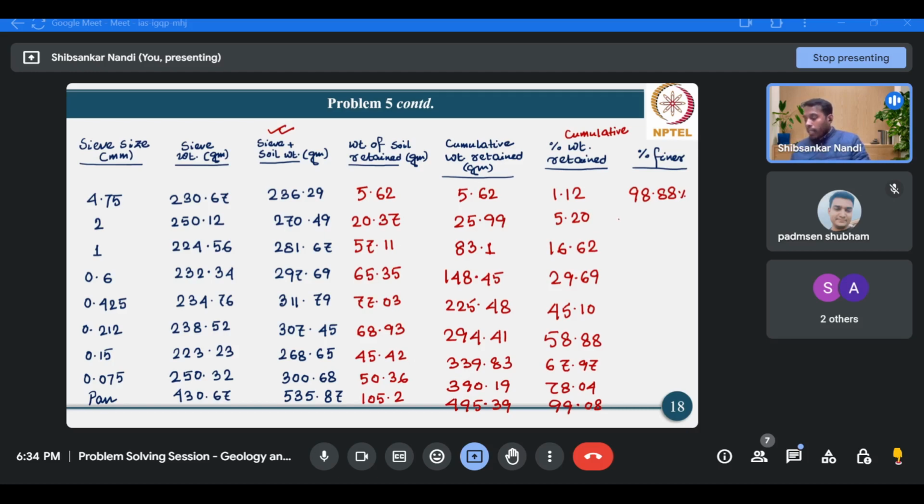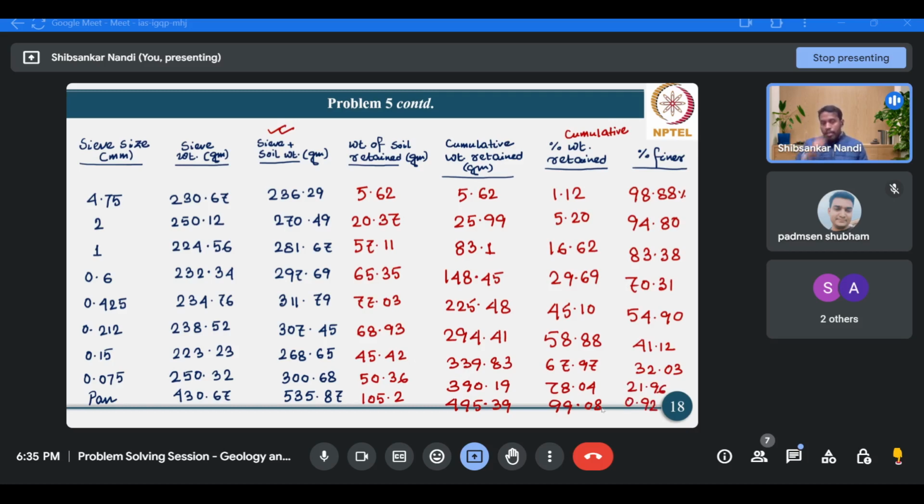So I am writing the other values here. 94.80, this is for 2 mm, then 83.38, then 70.31, 54.90, 41.12, 32.03, then 21.96, and finally 0.92.